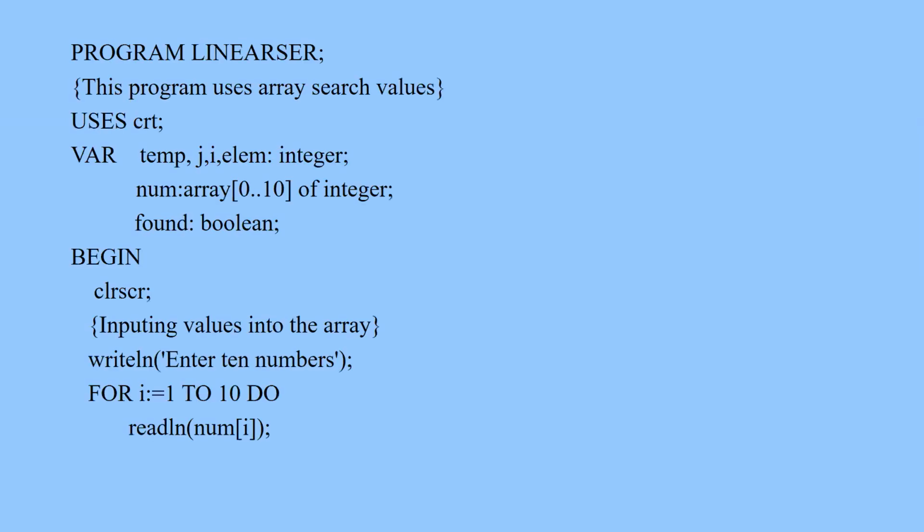We increment the counter, so the for loop will continue. We increment it to 2. We take the next value and store it in memory location called num2. We increment it again as we check whether it is equal to 10 or greater than 10. So this for loop will continue until the value of I is equal to 10, and then we exit that loop.